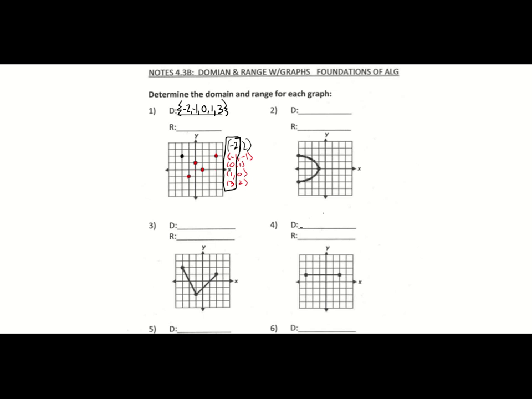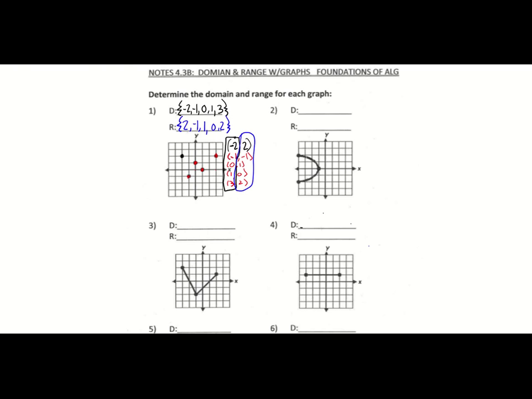And my y values are all on this side, and that is going to make up my range. So my range is 2, -1, 1, 0, and 2. So that is what we were practicing before.